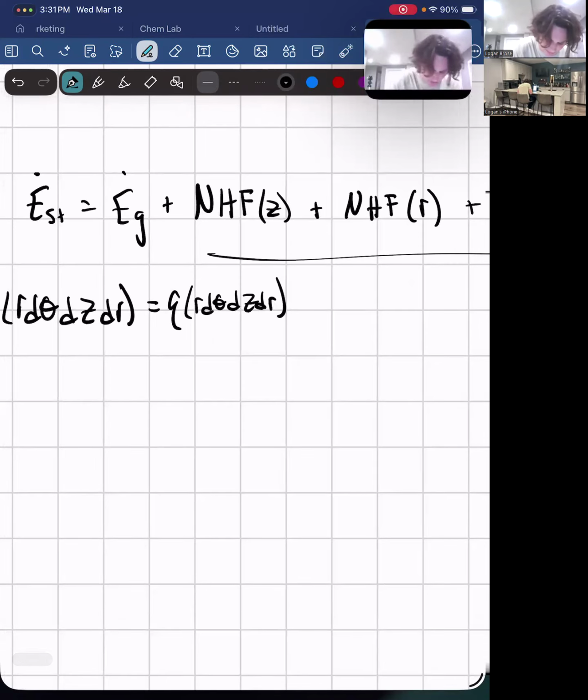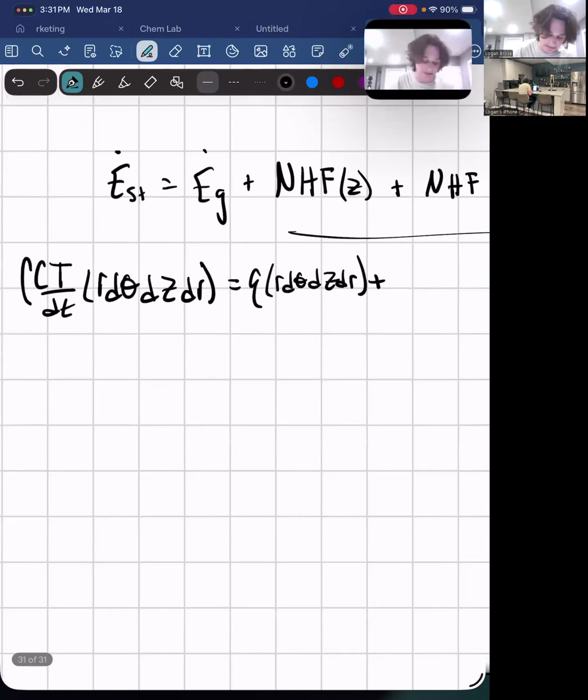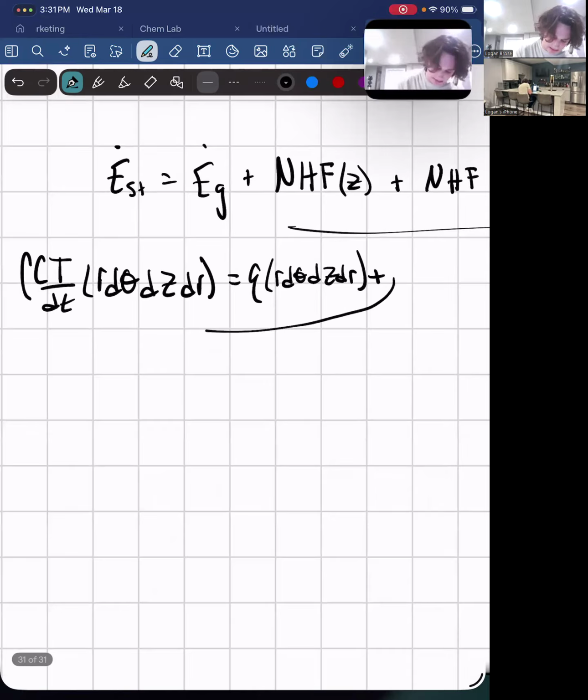I'm going to put this on another line so that it's a little easier to see. So our net heat flow of z.